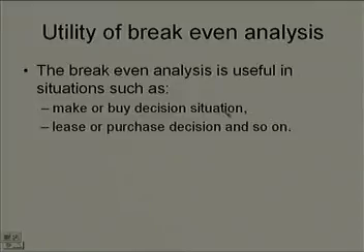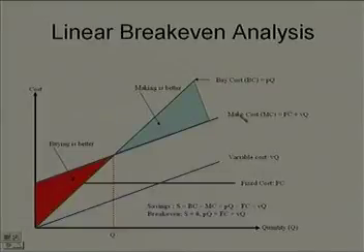Now, if you see a make or buy decision situation, you may again get a chart like this. How do you interpret this chart? If the production is less than, let us say, Q dash, if you see this particular point, if the break-even is less than this, or rather production is less than this, buying is better.